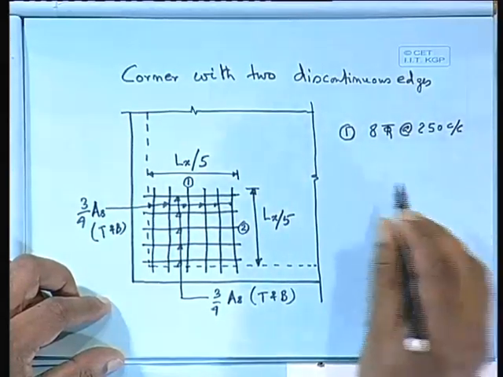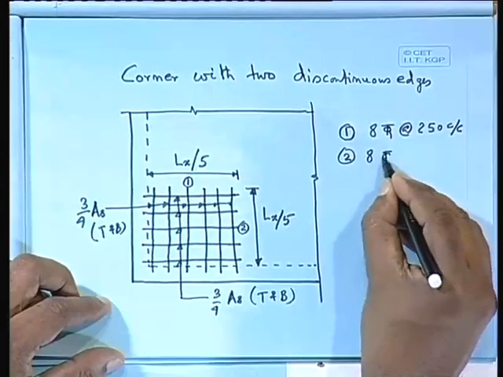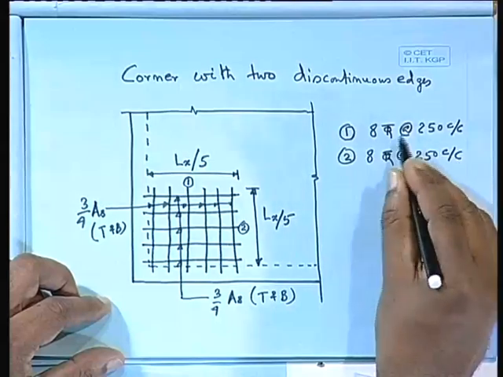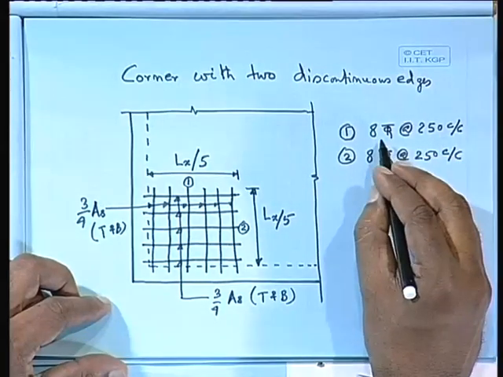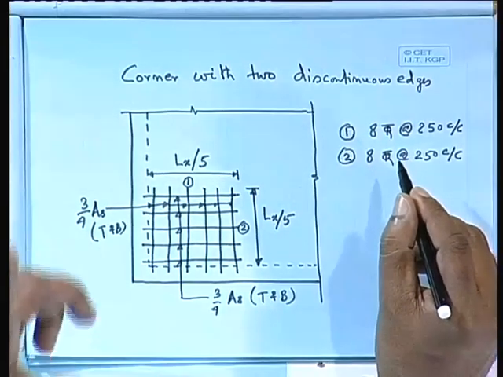Number 2 also may be 8 tor at the rate of 250 center to center. If the spacing and the bar diameter are the same, then we can take it as the same type.